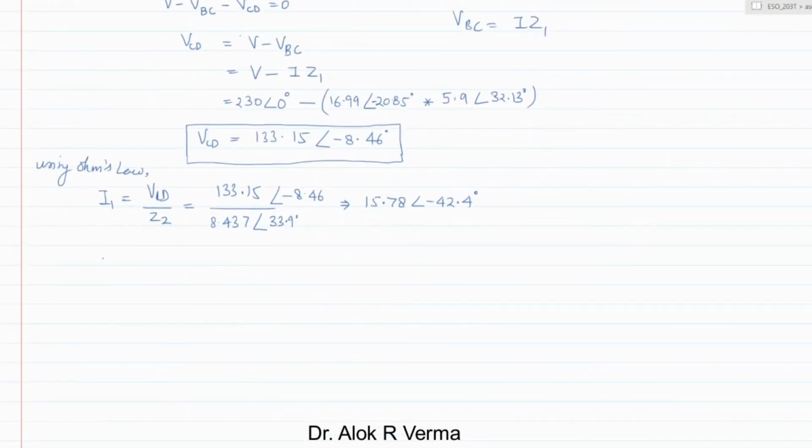Similarly, the value of I2 can be calculated as the drop V_CD divided by Z3. So 133.15 angle of minus 8.46 divided by the impedance Z3, which is 20.37 angle of minus 55.83 degrees, comes out to be 6.23 angle of 47.37 degrees.